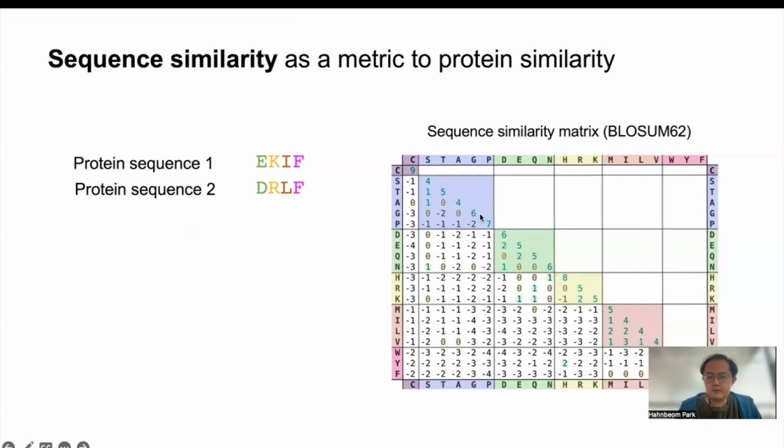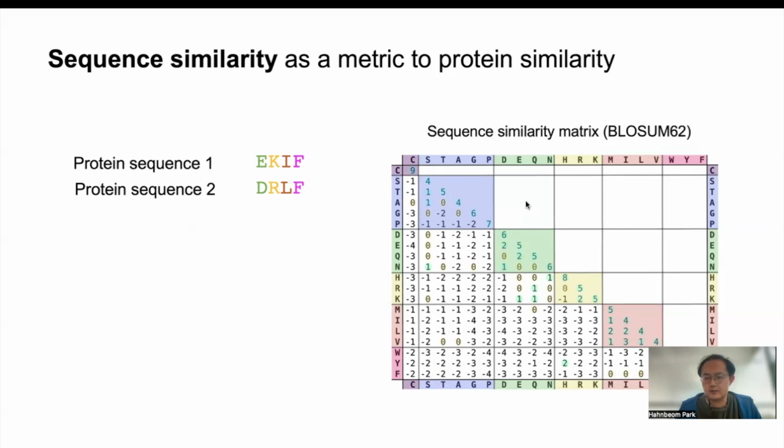People collected protein statistics and grouped which amino acids are similar to each other. There's a matrix called sequence similarity matrices, such as BLOSUM62, which tells which amino acids are similar to others.